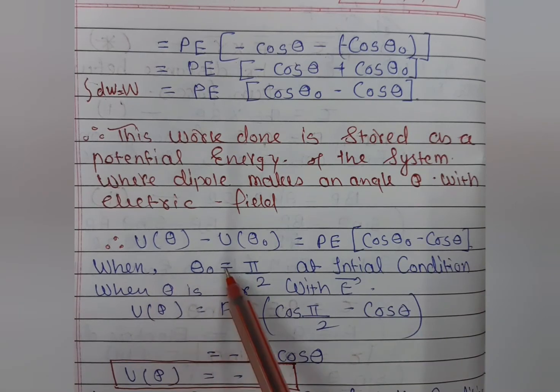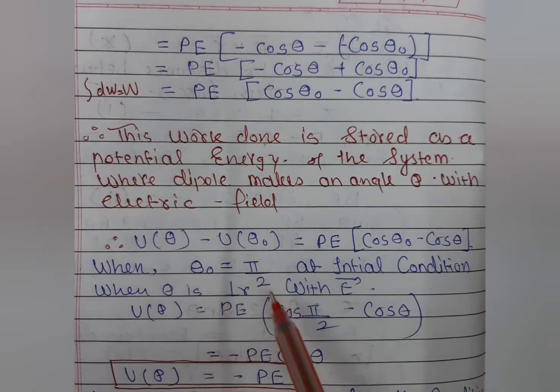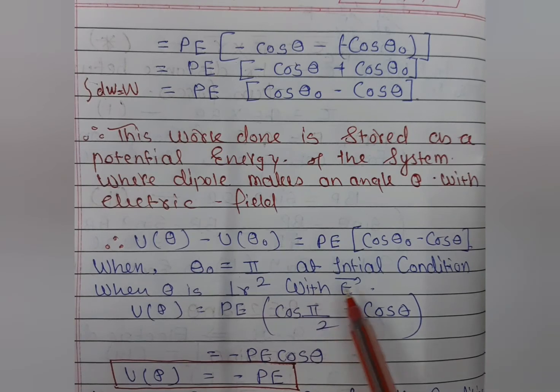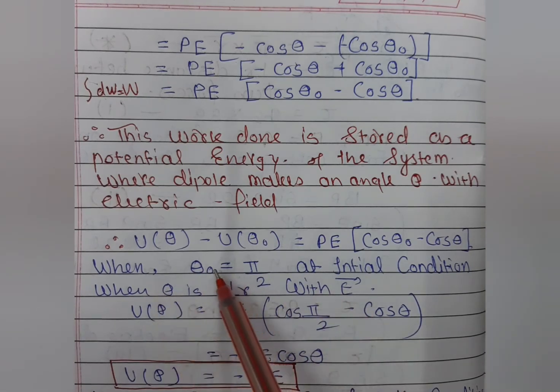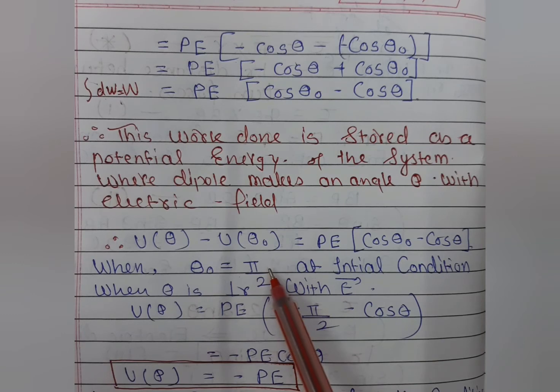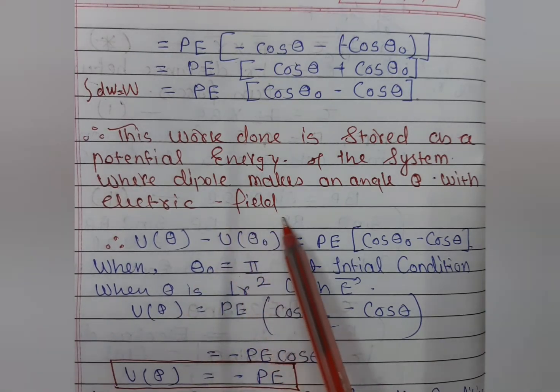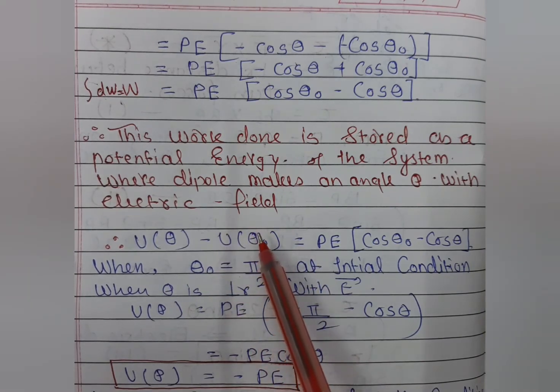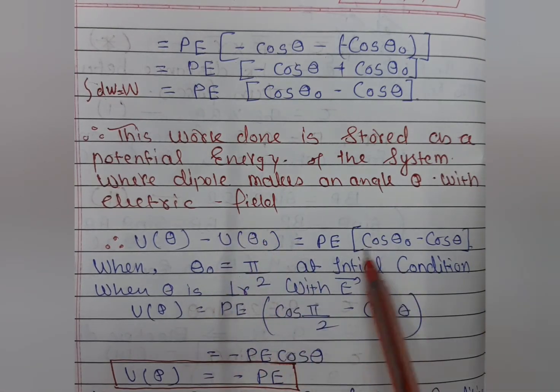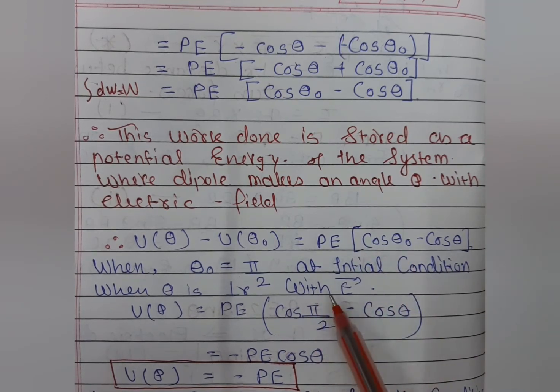And if we consider initially that theta naught is pi by 2, that is, the dipole is perpendicular to E, then U theta is as it is, because theta naught is pi by 2. So it becomes PE into cos pi by 2, and cos pi by 2 means cos 90, which is 0, minus cos theta.